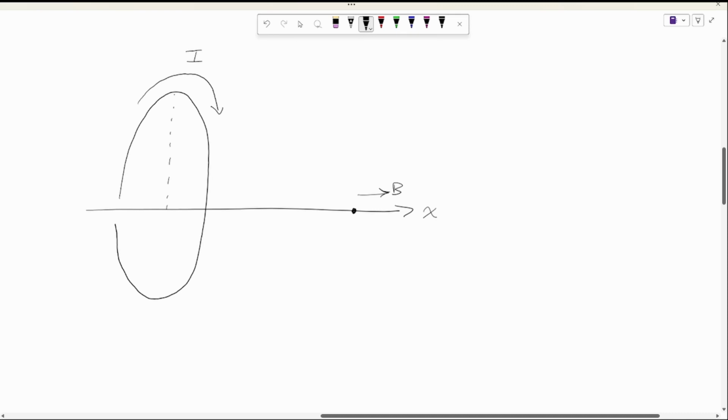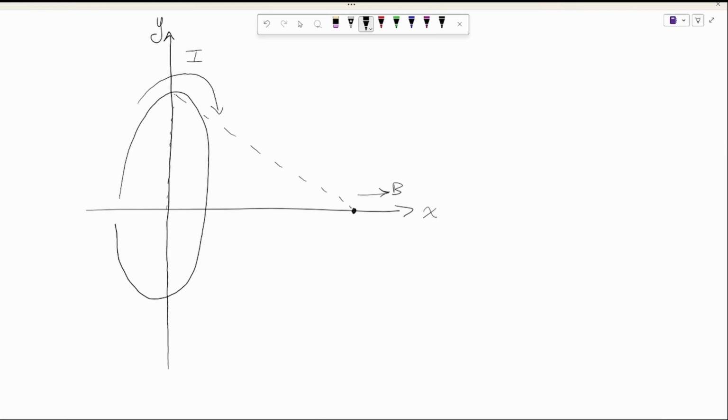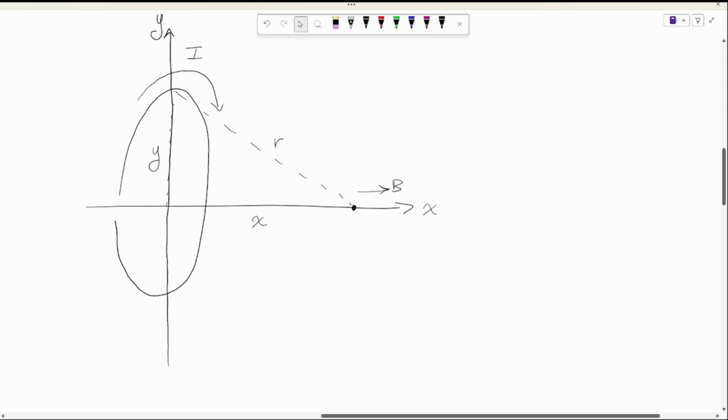If I set this up so that we have the y-axis here, and we already have the x-axis out to the right, so this is y, and then x is going to be, oh, hang on, I'll draw the entire triangle. So this is our beautiful little triangle here. The bottom side is x, the left side is y, and this hypotenuse we can call r for the radius from the point to some little bit of wire.